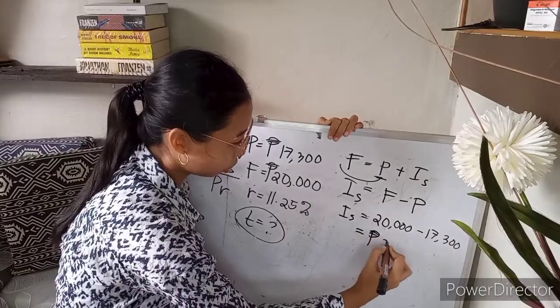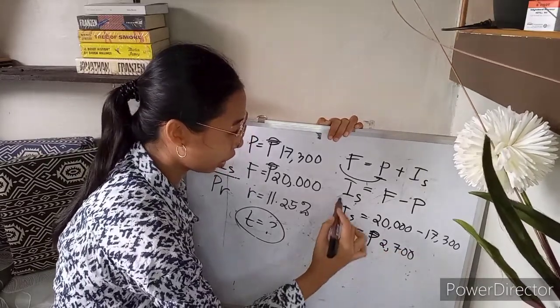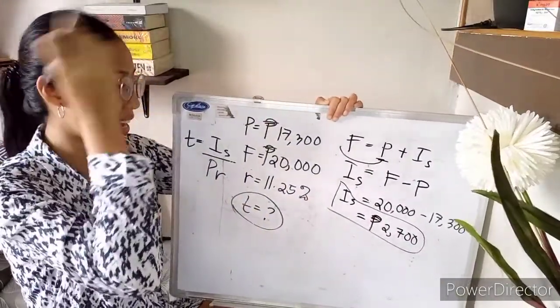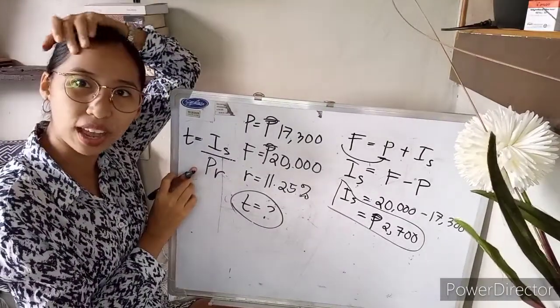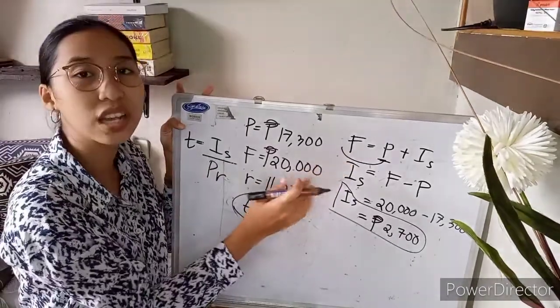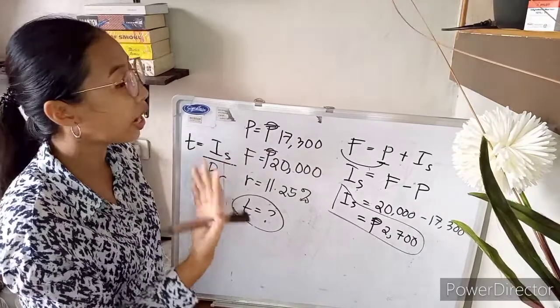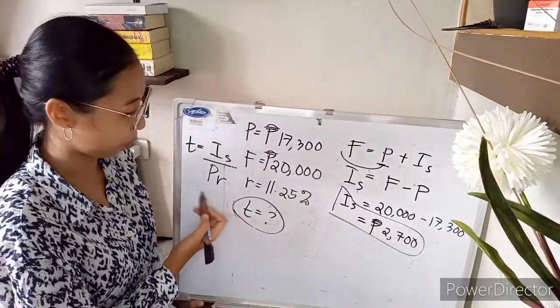This is 2,700 pesos. So karon naa na tay I_s, di ba? Naa na tay I_s, therefore pwede nato ni siya gamiton na formula. Okay, na-gets na ni? No, so kailangan ta mo agi sa isa ka formula bago ta maka-proceed sa atong original na formula kay wala man ang I_s nga kinahanglan diri sa atong second na formula.